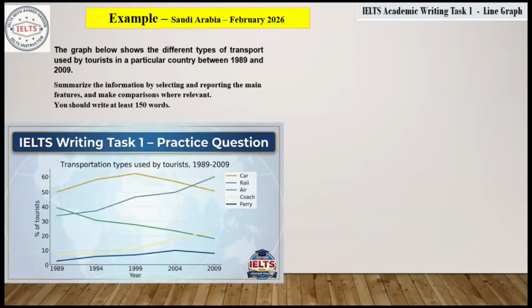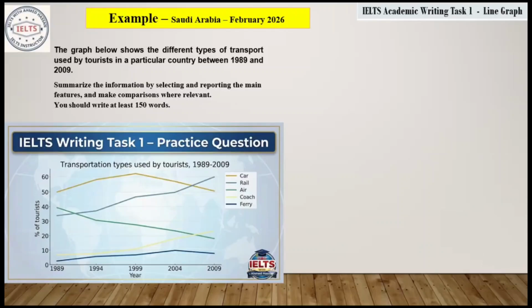The graph below shows the different types of transport used by tourists in a particular country between 1989 and 2009. Summarize the information by selecting and reporting the main features and make comparisons where relevant.